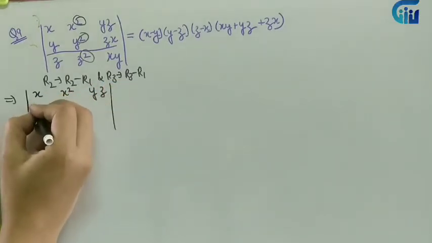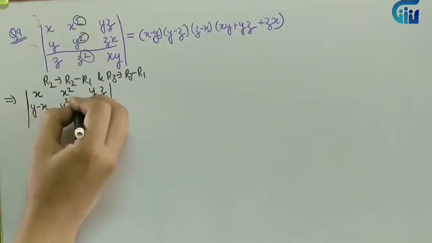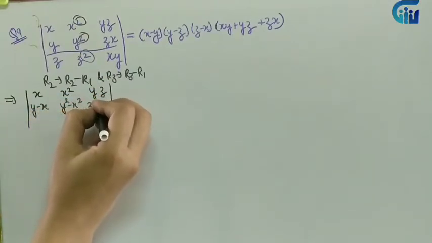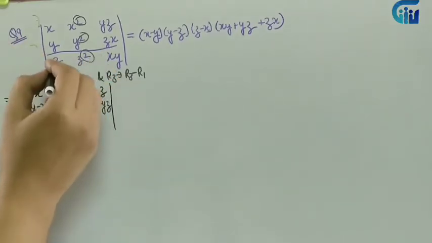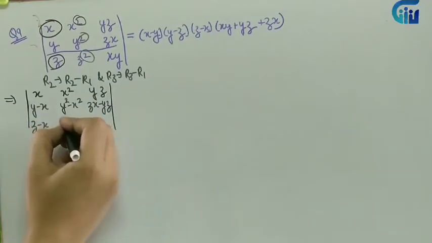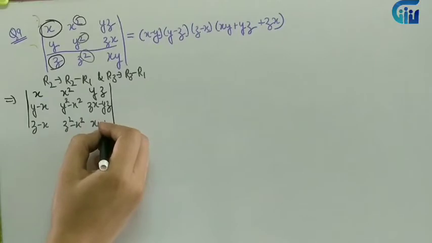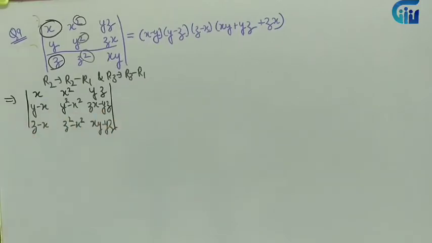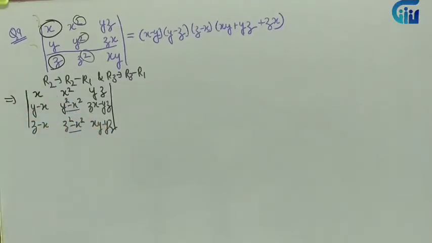For R2 I will write y minus x, y square minus x square, zx minus yz. Similarly for R3 I will write z minus x, z square minus x square, xy minus yz. Now just observe what we are getting. We are getting y square minus x square, z square minus x square over here.